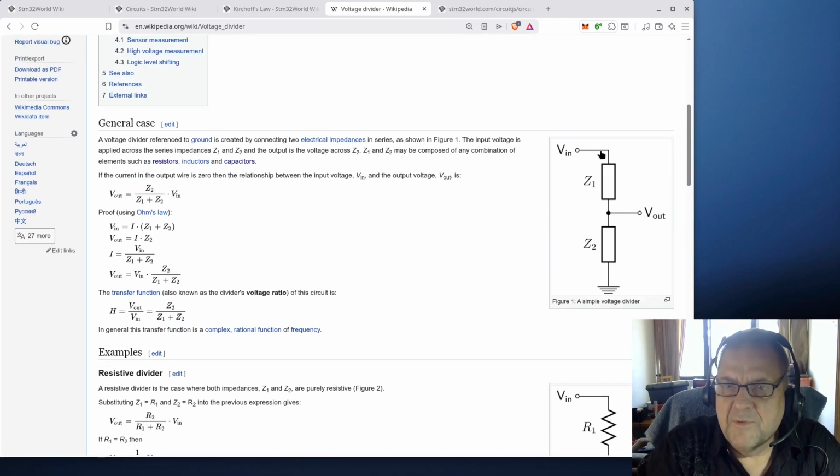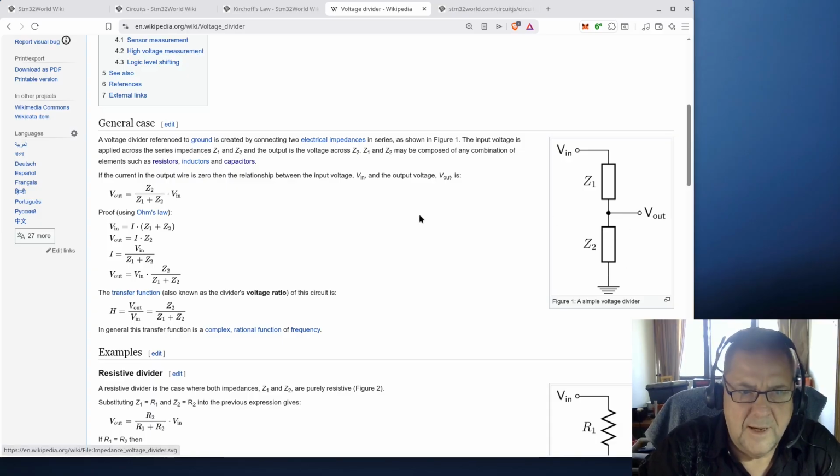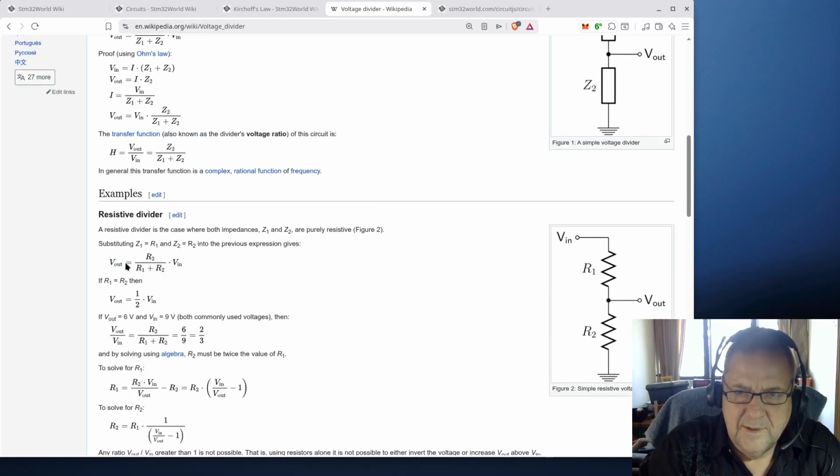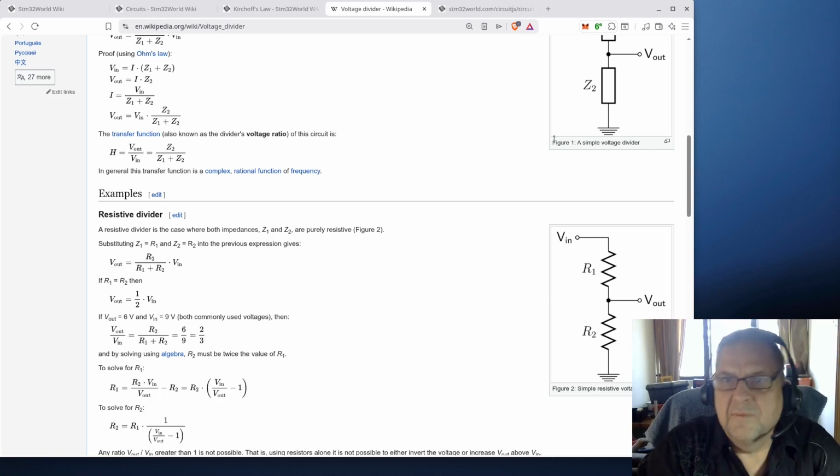But you have an input voltage, you have a resistor 1, and you have a resistor 2, and you have a voltage out. And technically speaking, with a resistive divider, you have it down here, actually, you have R1 plus R2. In my formula, I have called that RT for total, the total resistance, and R2 is the bottom resistor.